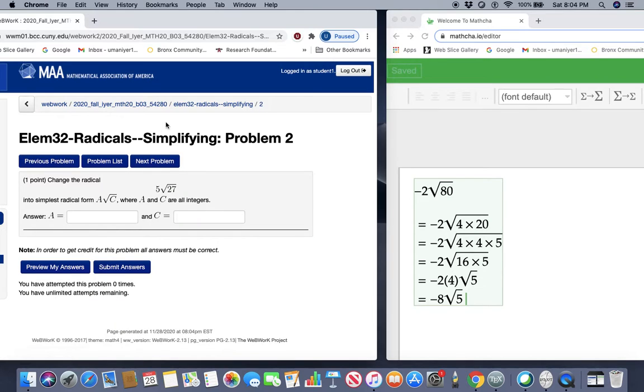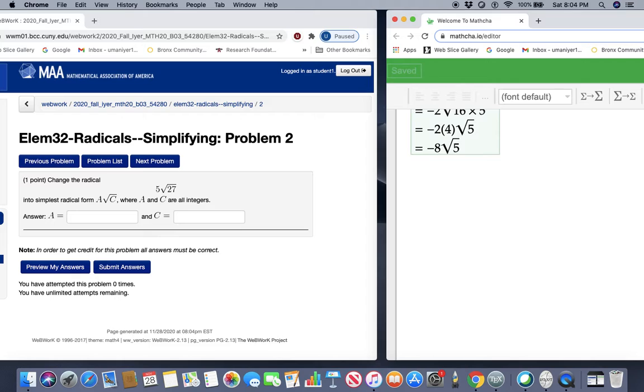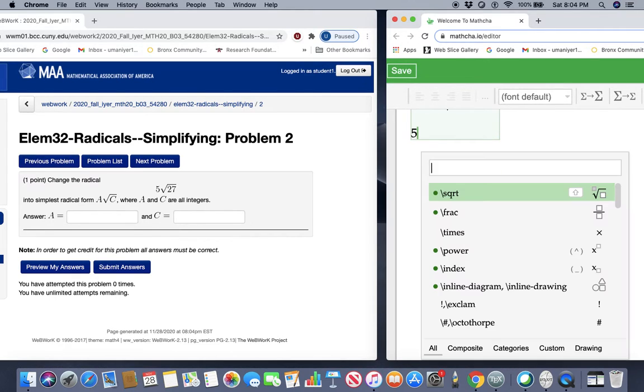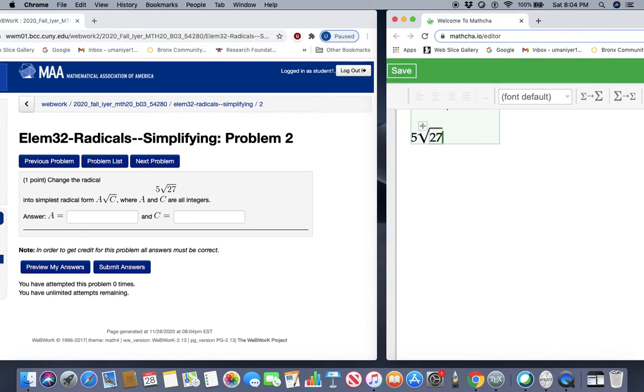Next, 5 square root 27. So that is equal to 5 square root of 27, and 27 is 9 times 3.